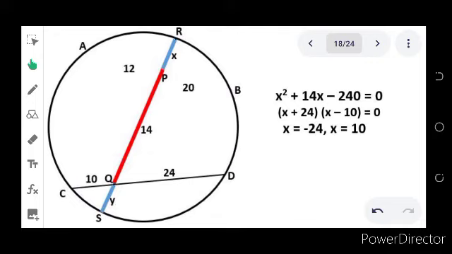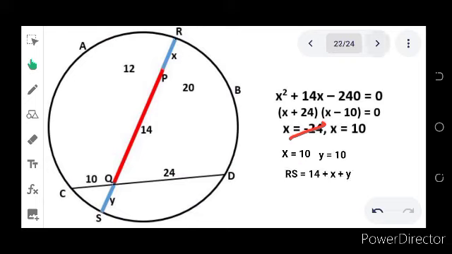But take note, x is the length of a segment, so it cannot be negative, so we disregard negative 24. So our solution is just x equals 10. We substitute this into x equals y. Since x is equal to y, then y is also equal to 10.